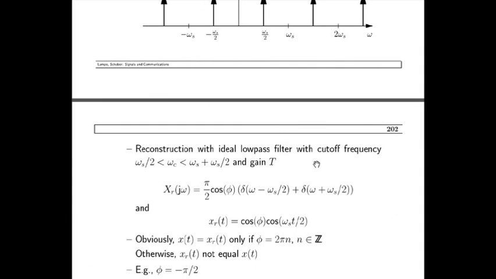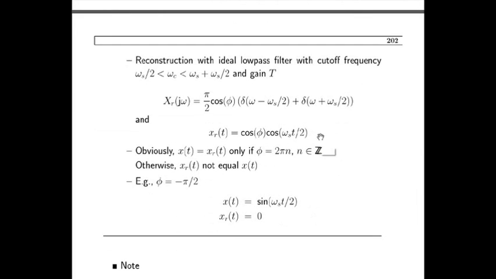If I reconstruct it with an ideal low pass filter whose cutoff frequency lies between omega s by 2 and omega s plus omega s by 2, and which has gain T, then the reconstructed signal in the frequency domain will be like this, and in the time domain it will be this expression. Obviously you can see that the signal x of t is equal to Xr of t, but only if phi is equal to 2 pi n, where n belongs to the integers.